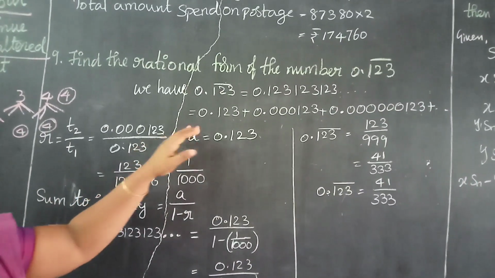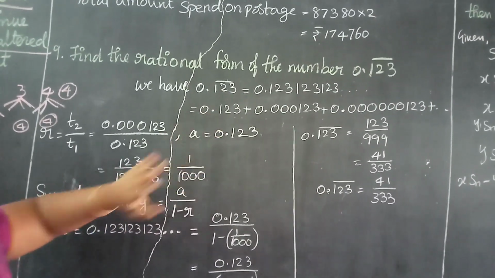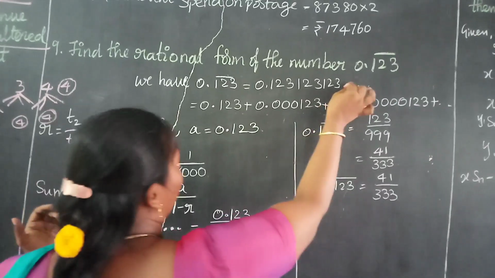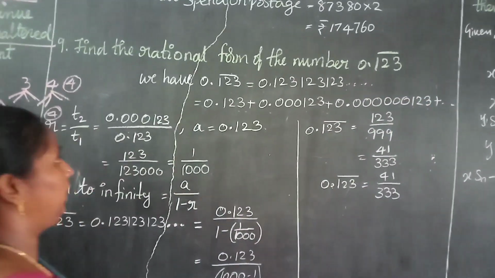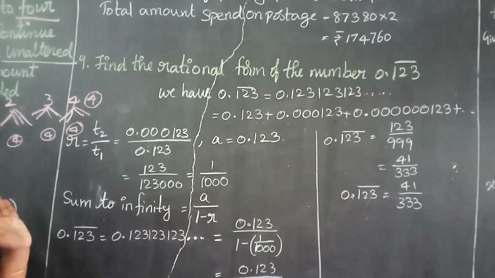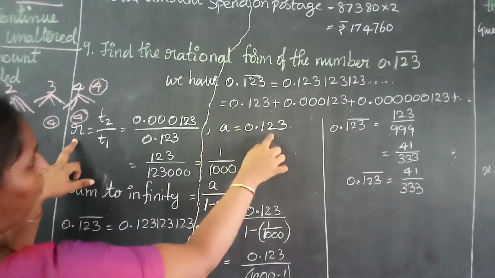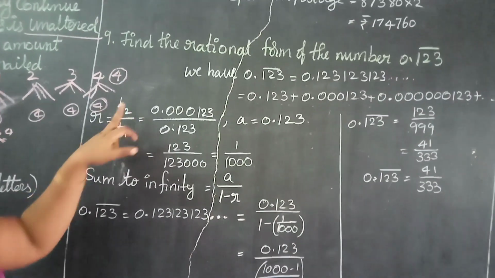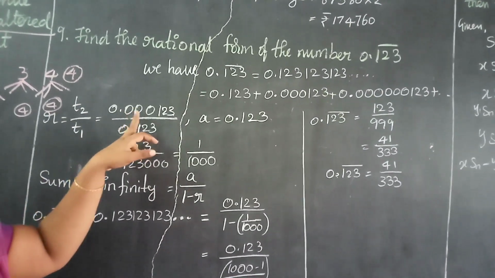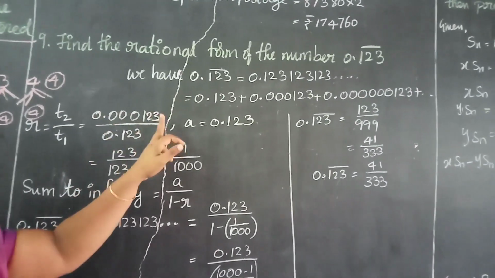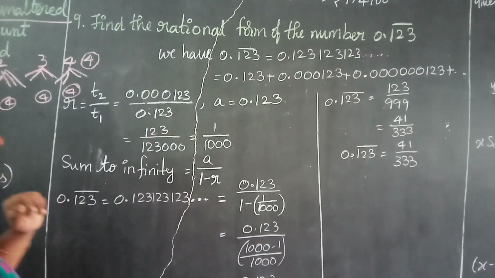Clearly the sequence is also in GP. It goes on and we don't know when it ends, so we are going to use the S infinity formula here. First write A, the first term, is 0.123. R is T2 by T1, that is 0.000123 divided by 0.123.